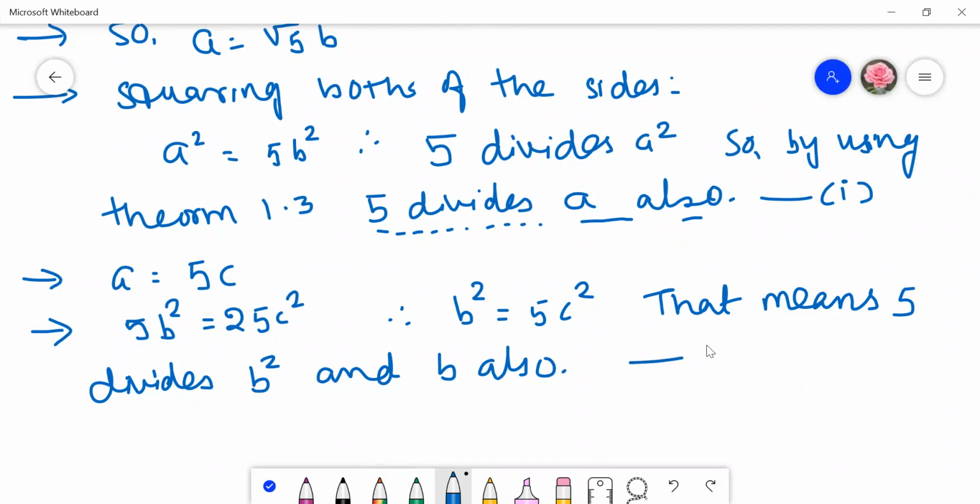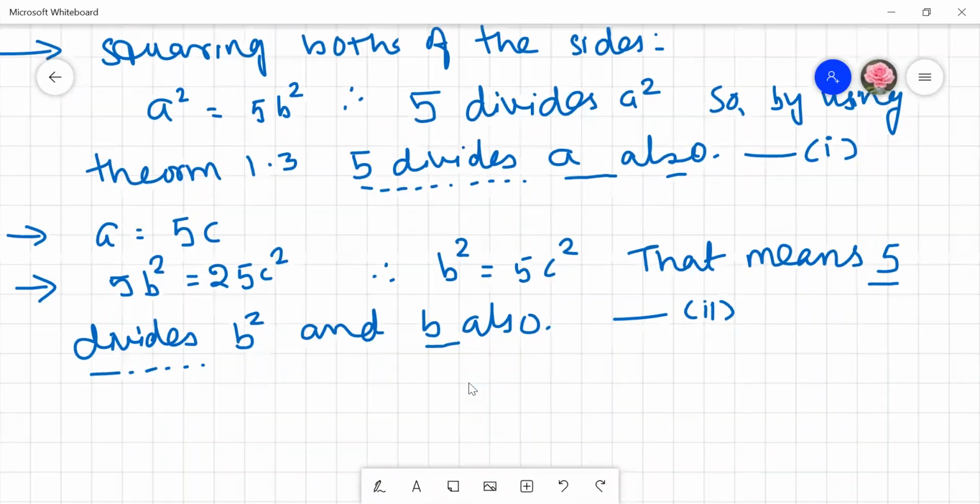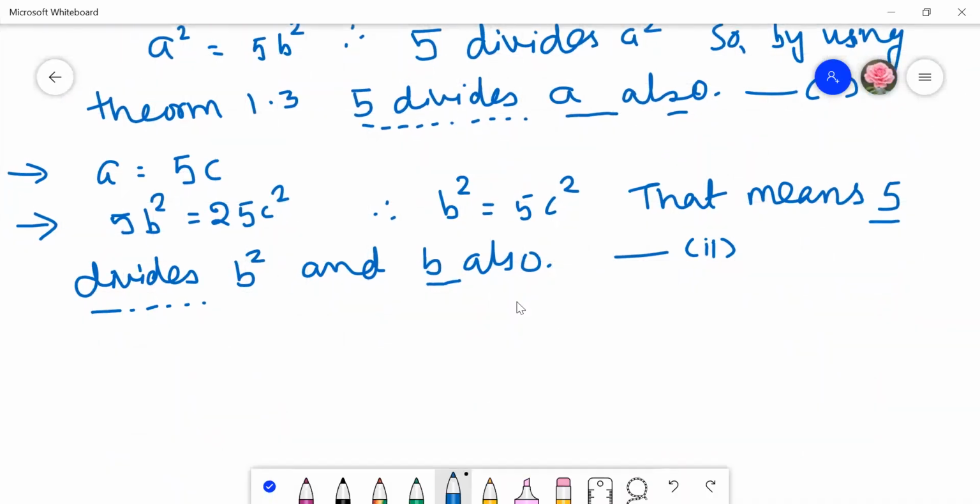So this is result number 2. So result number 2 says 5 divides b. Result number 1 says 5 divides a. But in the starting we suppose a and b are co-prime pair. Now they are co-prime numbers, then how they have other factor 5 is not possible.